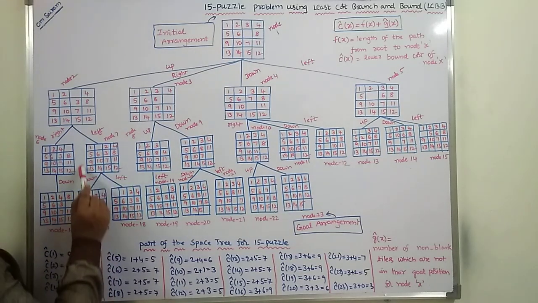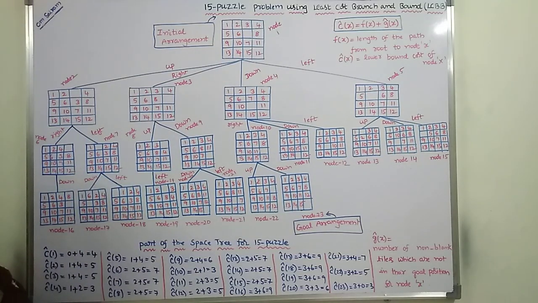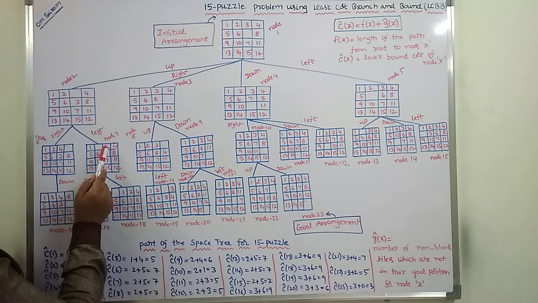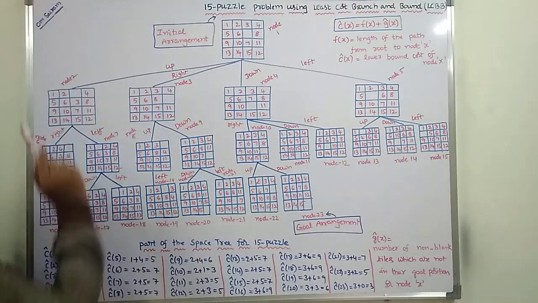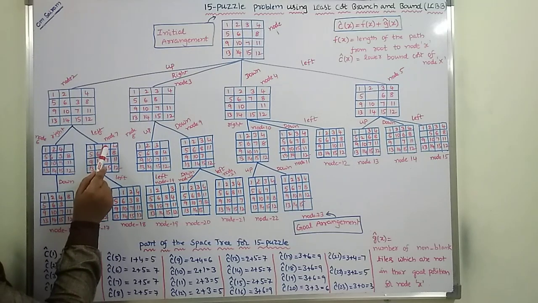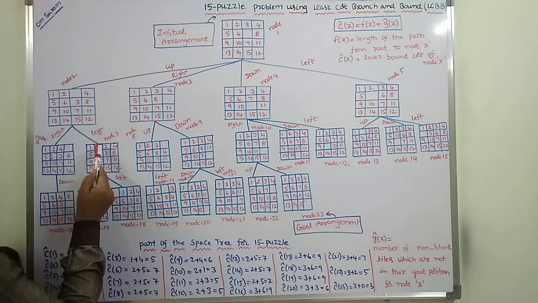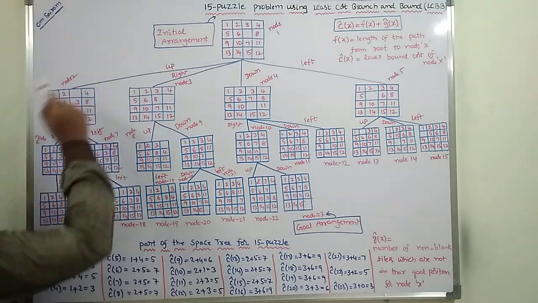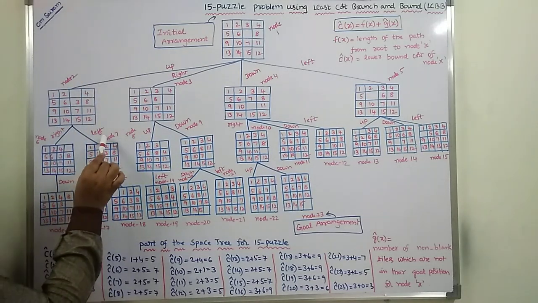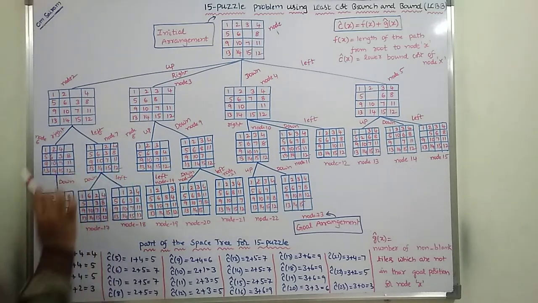Okay, now consider node 7. The empty tile can be moved to left. We are getting node 2. The empty tile can be moved to right. Then we are getting node 2. So that right move cannot be used here.